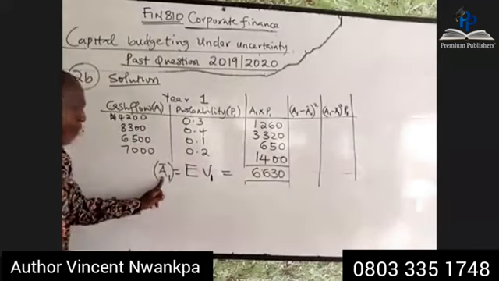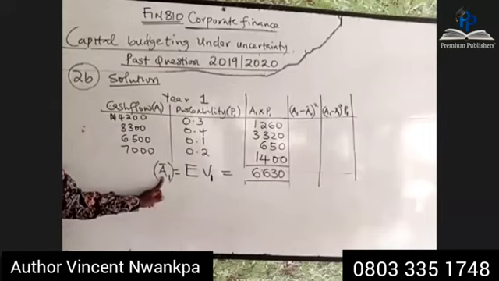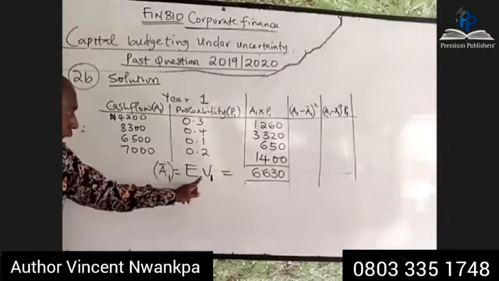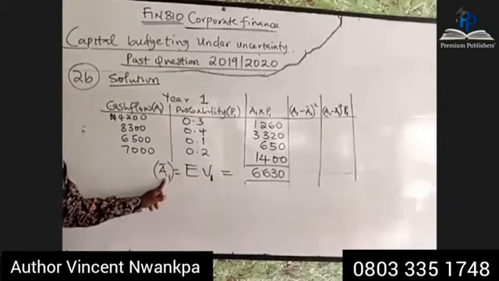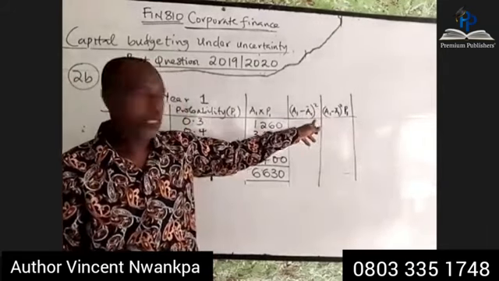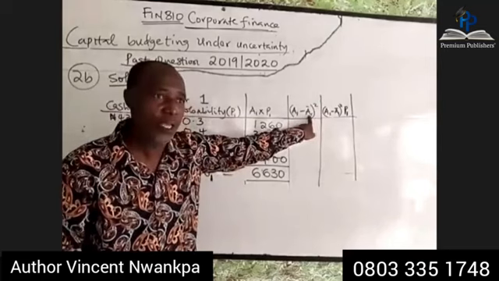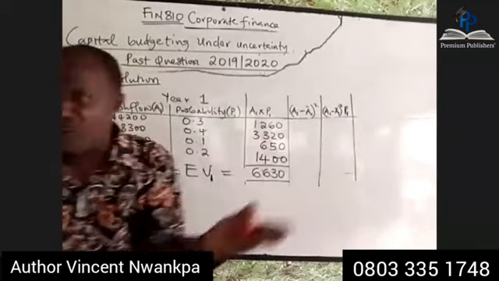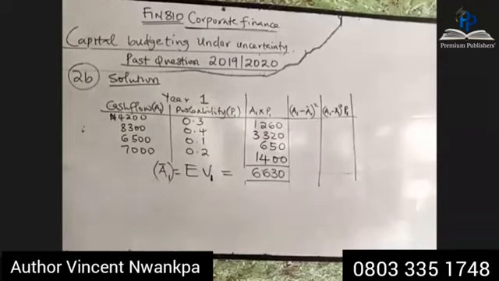Our knowledge of mean now, this is S bar. We're just representing this with S bar so that we won't be carrying EV inside that place. This is our expected value.